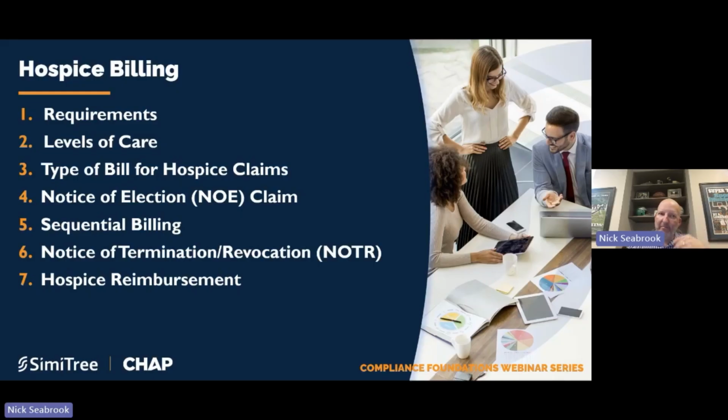Starting with the requirements, we're going to go through the different levels of care and how that whole piece factors into your hospice billing and what that looks like. We're going to talk about the types of bills for hospice claims and the notice of election. If you remember, we talked about the notice of admissions, NOAs. Basically, the NOE is the hospice version of that. Then sequential billing and how that factors in, the notice of termination or revocation, and then how the actual reimbursement works.